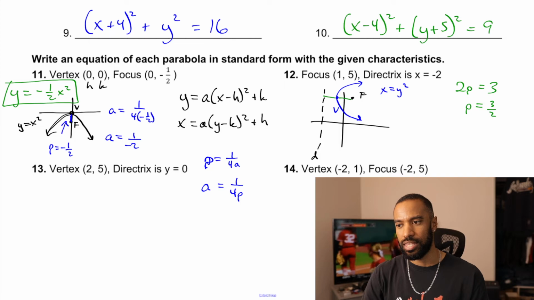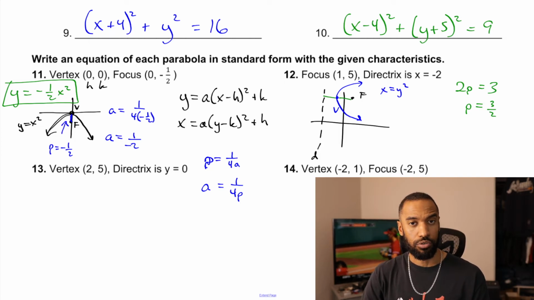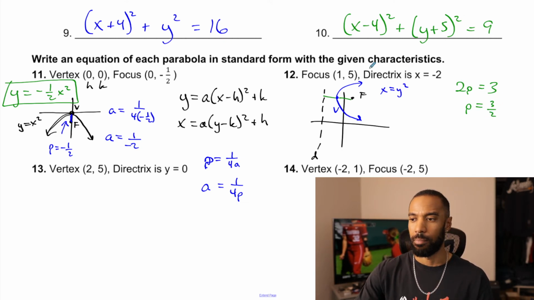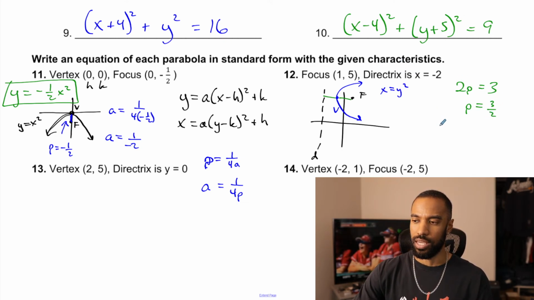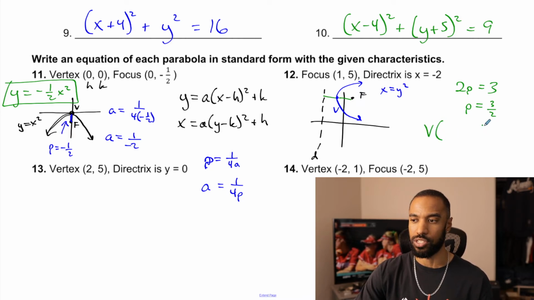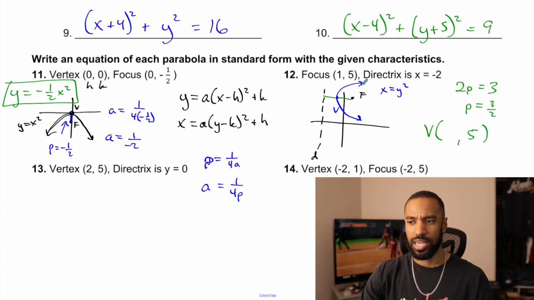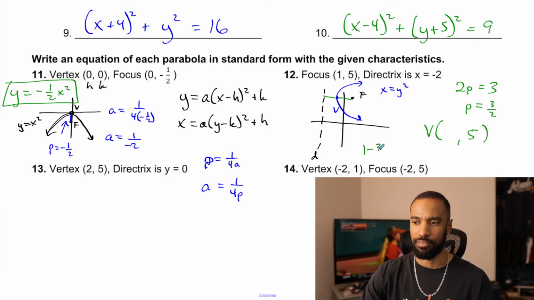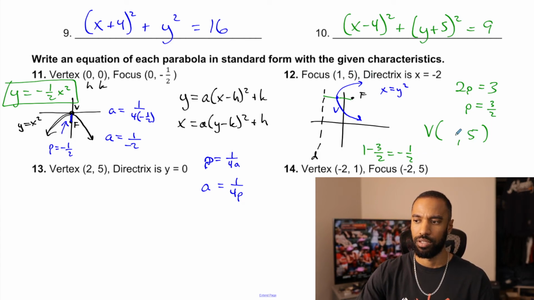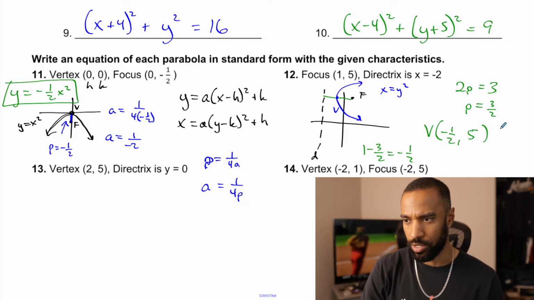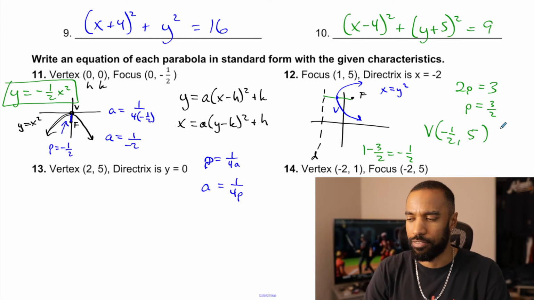That allows us to get not only the a value, but also your vertex. Your vertex is 1.5 away from either the focus or directrix. The y value of the vertex is 5, because it's the same height as the focus point. For the x value, you take 1 and subtract 3/2 from it, and that's -1/2. So your vertex is at (-1/2, 5).